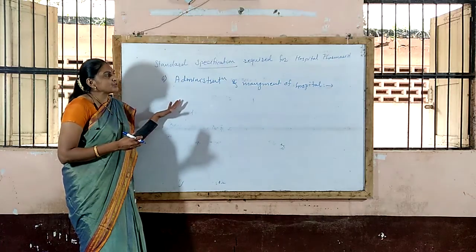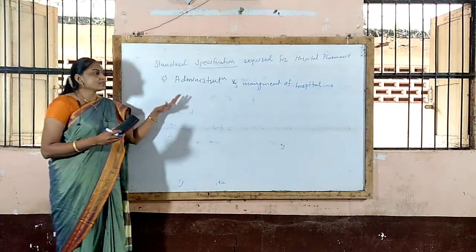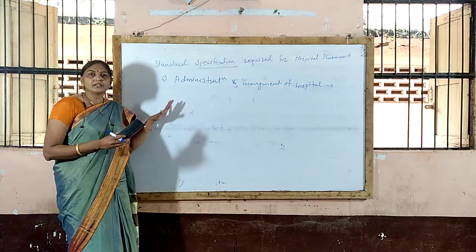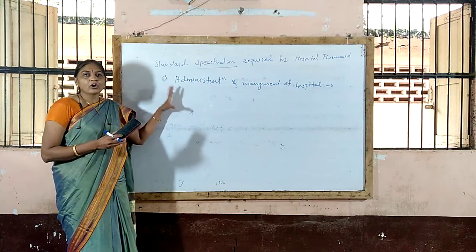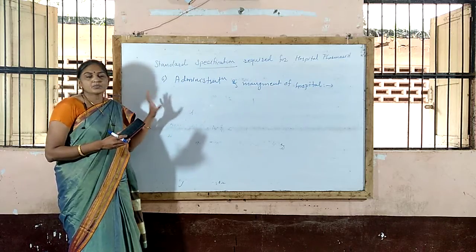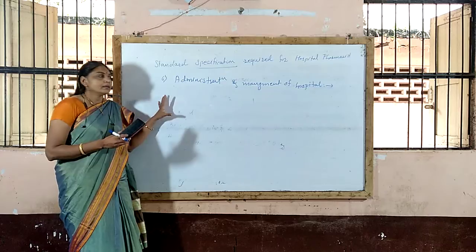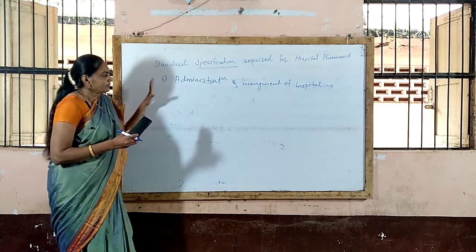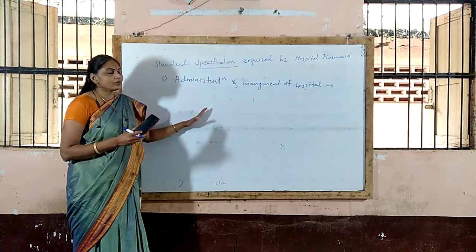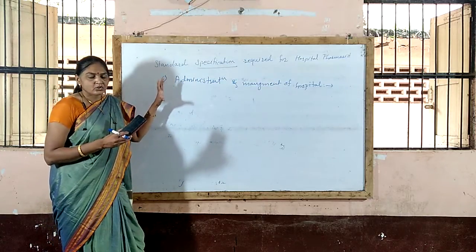Along with this management, maintenance of records of the drugs that come into the hospital pharmacy, and whatsoever drugs are distributed from the hospital pharmacy, the record must be maintained by the hospital pharmacist. So maintenance of records, along with all the staffing, that is planning the work. Whatsoever drug comes from the manufacturer or distributor, stock must be maintained.